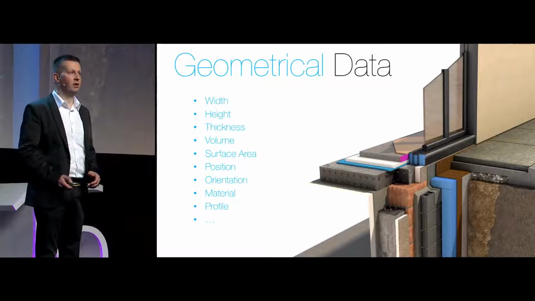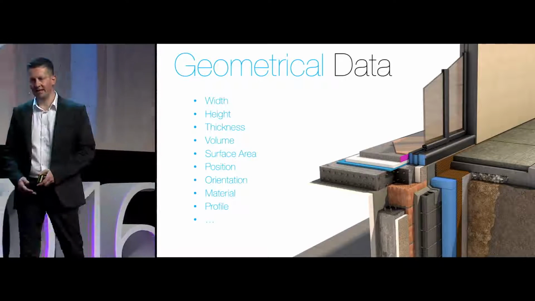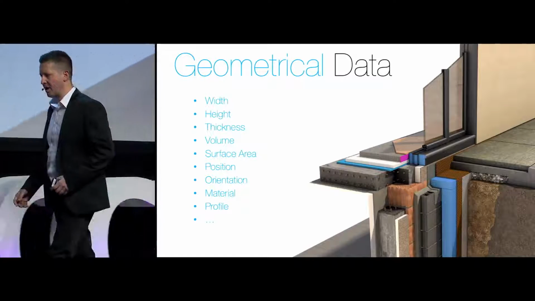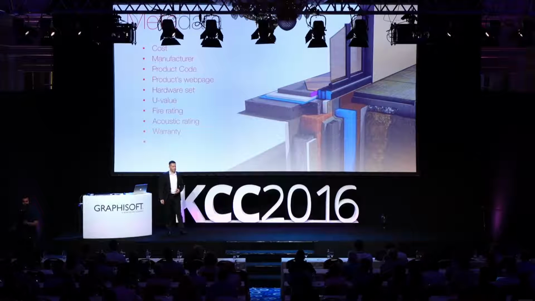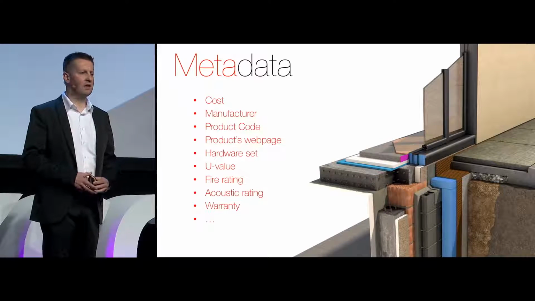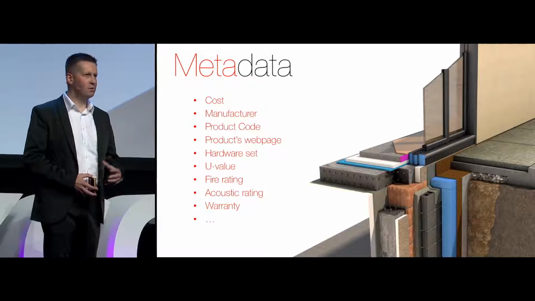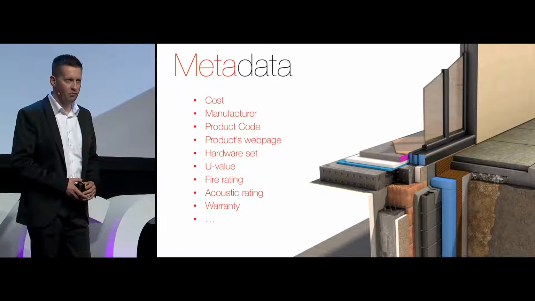Challenge number two is that not all information is coming from the model directly. There is even more information which is related to the model, but not geometric directly, like cost or specs or descriptions. They all need to be connected to the model, but they will not come from the model.